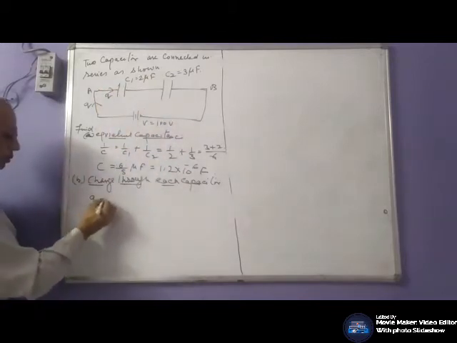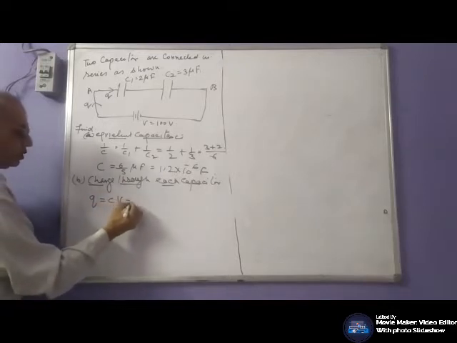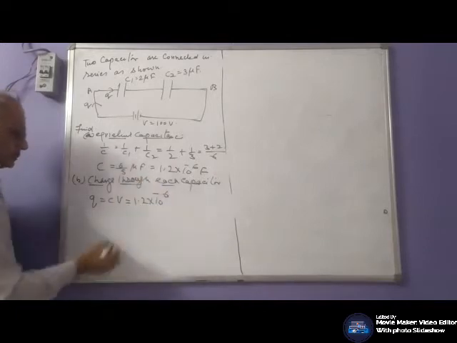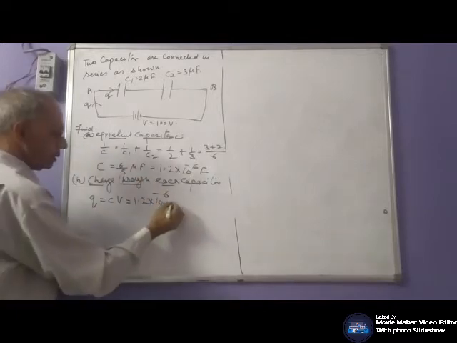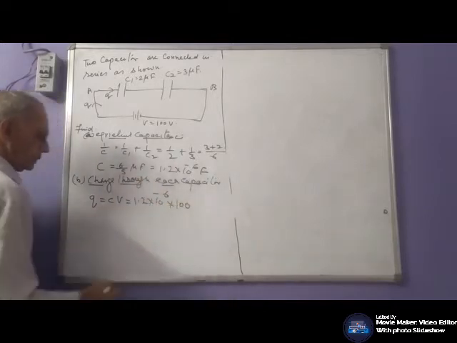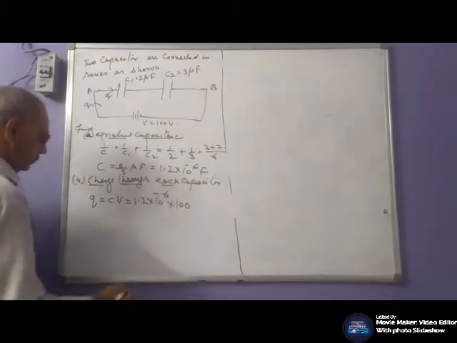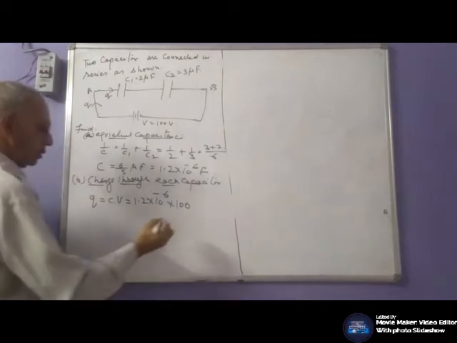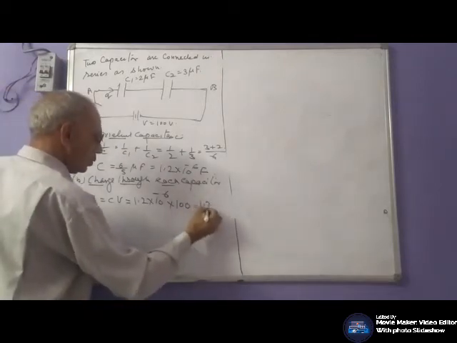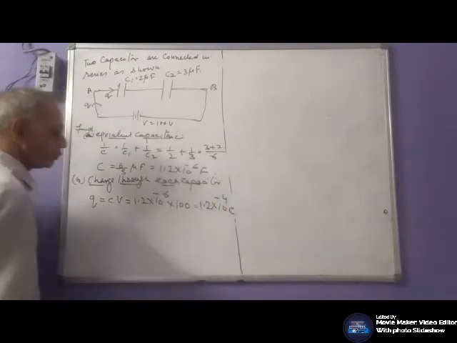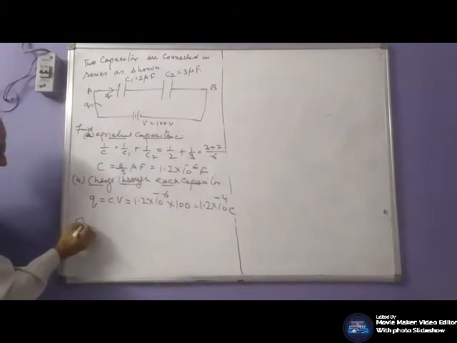So Q equals CV, 1.2 times 10 to the minus 6 times 100 volt. So it is 1.2 times 10 to the minus 4 coulomb through each capacitor.